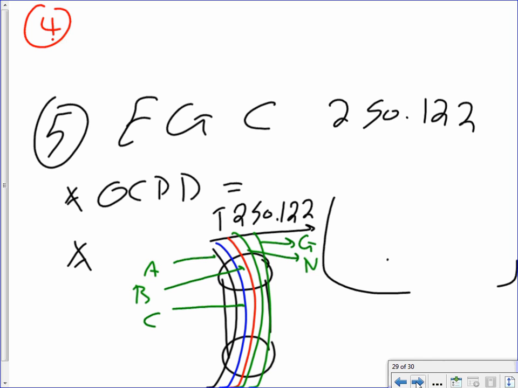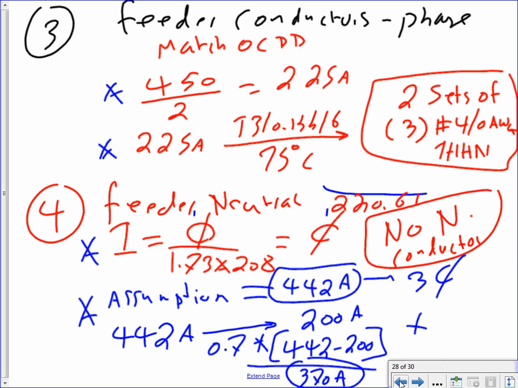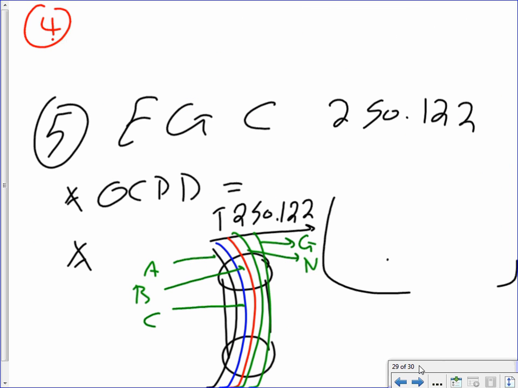Continue with number 4. Yes, I did divide this one by 2. I have 370. I need you guys to help me here. 370 divide by 2, will you?